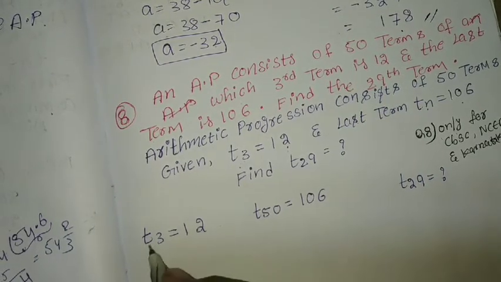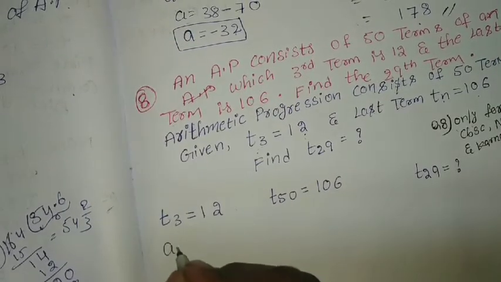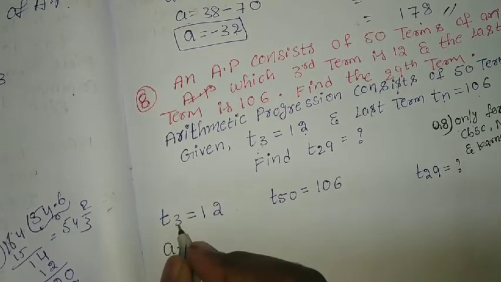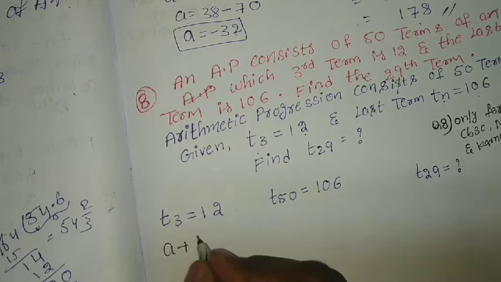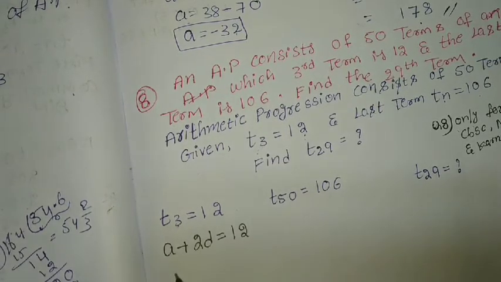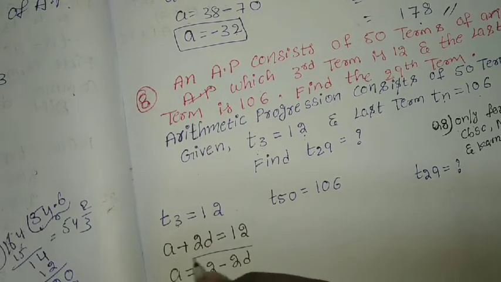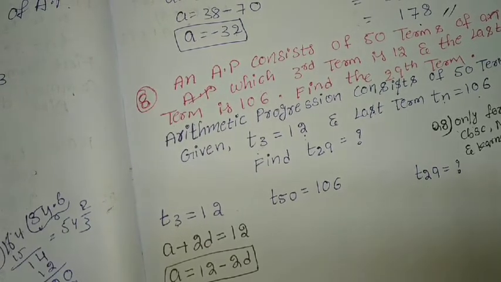Okay. So what is T3? The T3 formula, how can you write this? A plus 2d, the preceding number of 3 is 2, is equal to 12. And now a is equal to 12 minus 2d. Okay, keep it in the box.